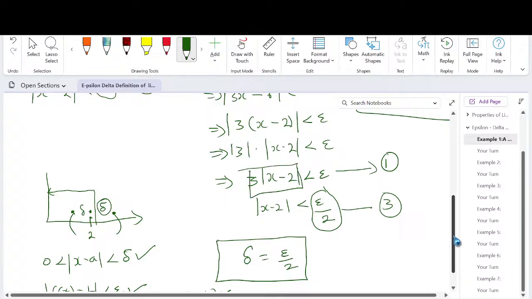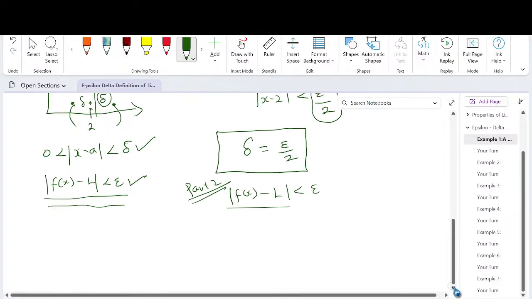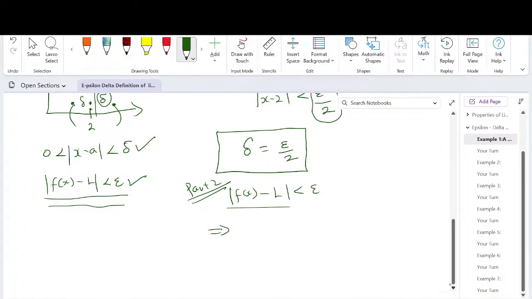Let's come down a little bit. So this particular expression is the same as 3 times the absolute value of x minus 2, and it is less than epsilon.